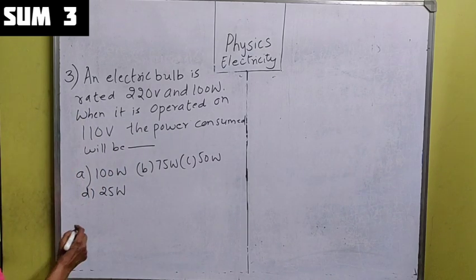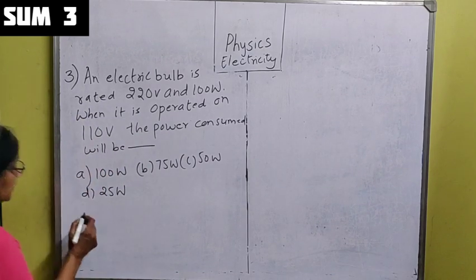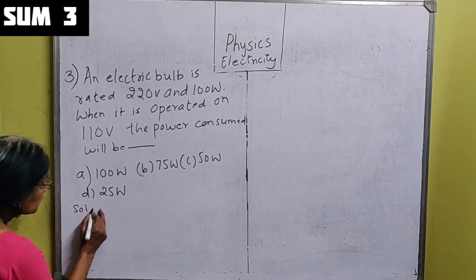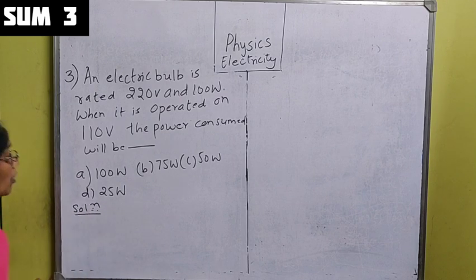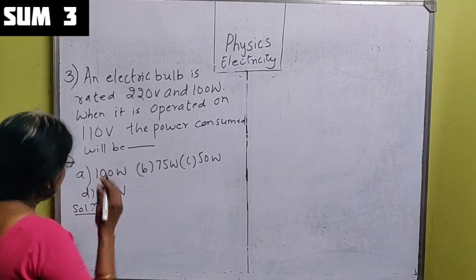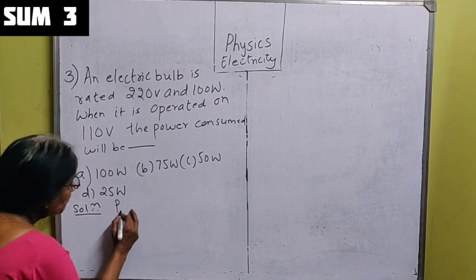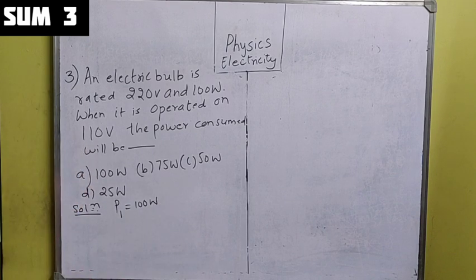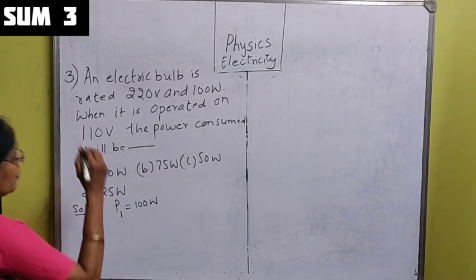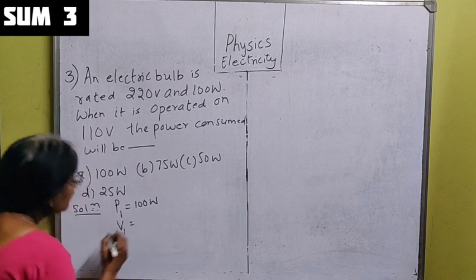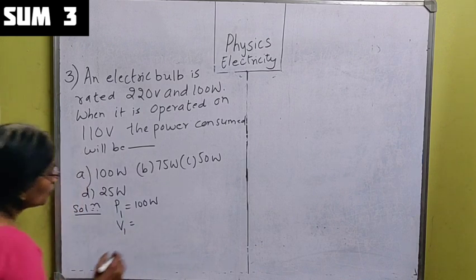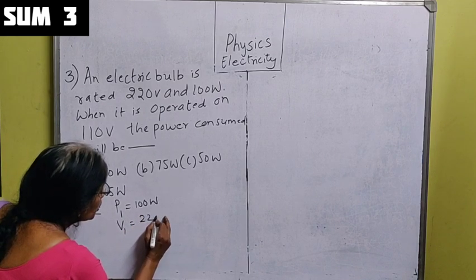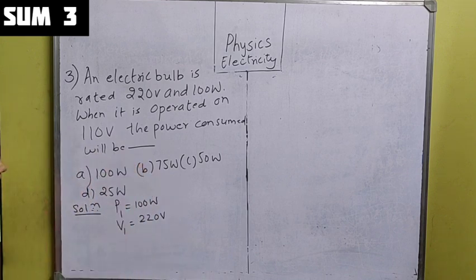So first we will take what is given in the solution. What is given? P1 is given. So P1 is equal to 100 watt. What is given? V1 is given. V1 is equal to 220 volts.